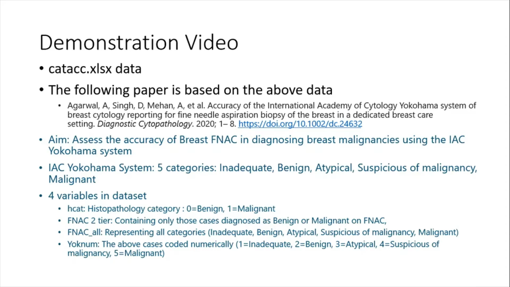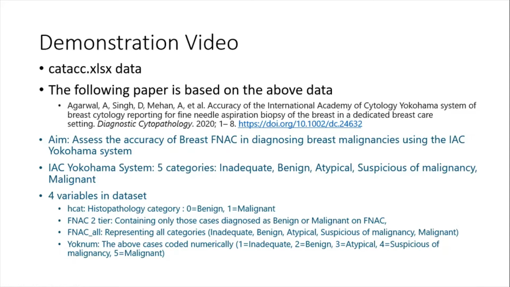This catacc.xlsx has 4 variables: the HCAT, which is the histopathology category, the reference risk category, coded as 0 as benign, 1 as malignant. Then we have the FNAC 2 tier, in which just the benign and malignant cases were kept. The other cases were removed. They were taken as missing data. The third column represents all categories, giving the information about whether a patient belonged to the inadequate, benign, atypical, suspicious, or malignant category.